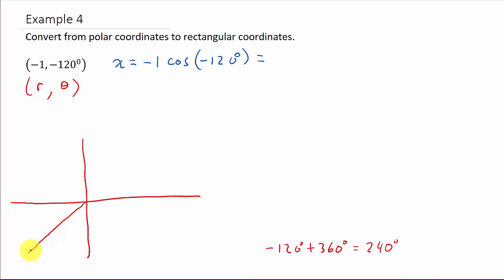If I rotate -120, that's the same thing as rotating a positive 240.